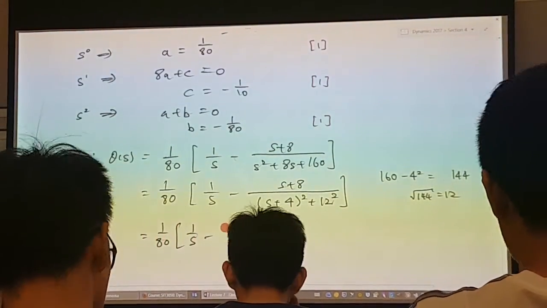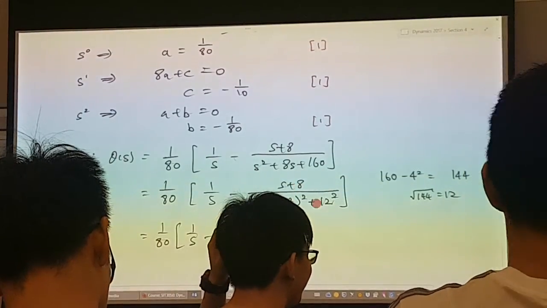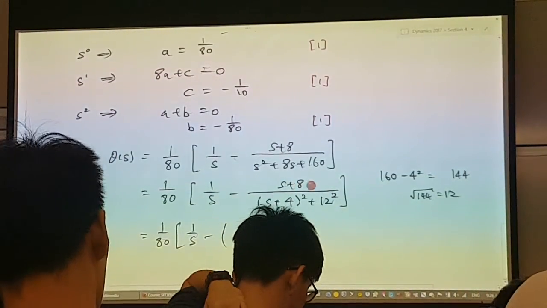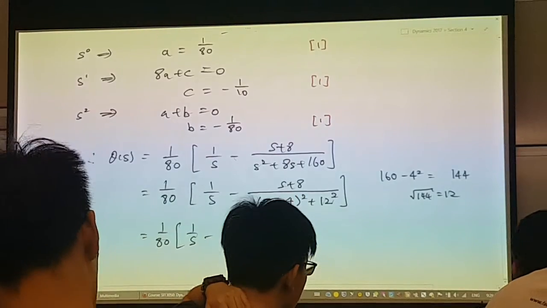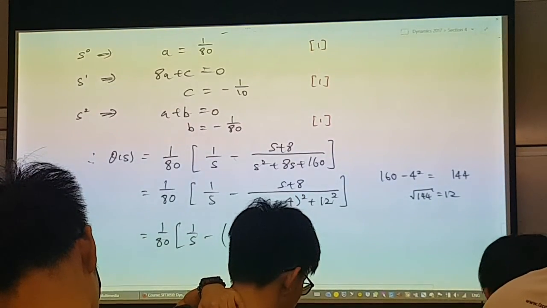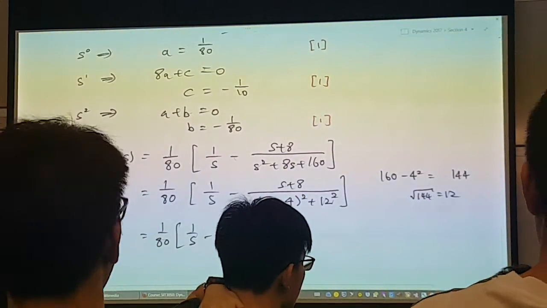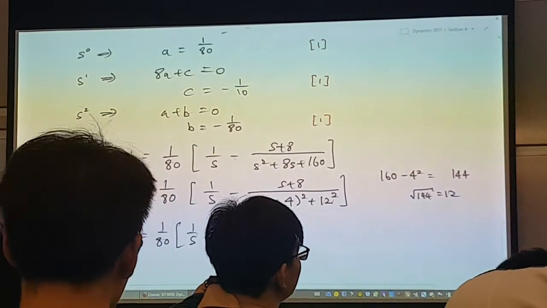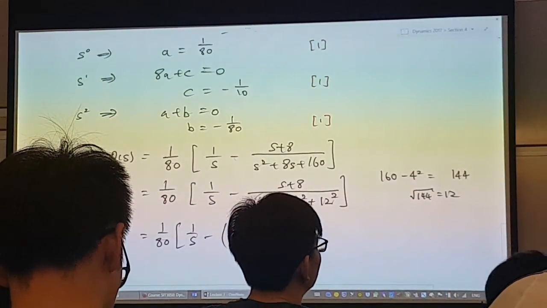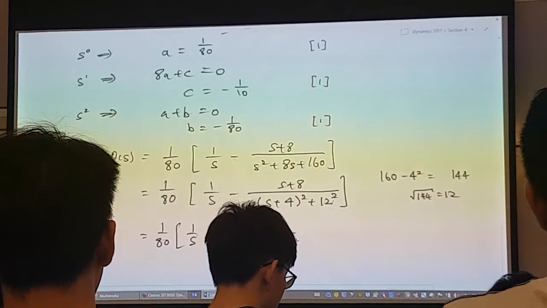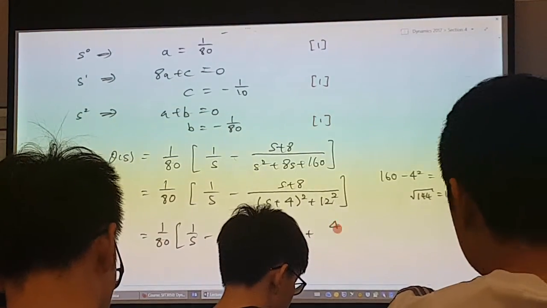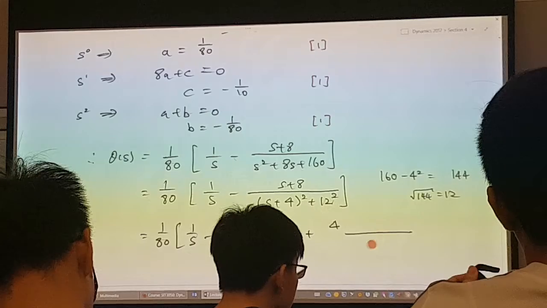we can further split this up because we still can't do an inverse Laplace of this. We can only do an inverse Laplace when you have this numerator here as s plus 4 or 12. So I can take s plus 4 over here and put the other 4 over the other side.